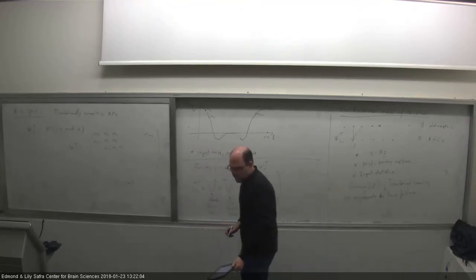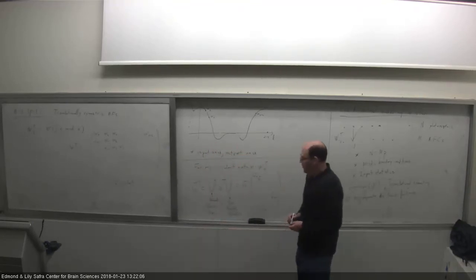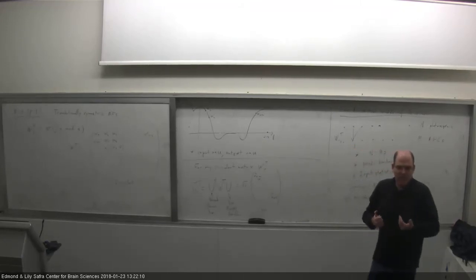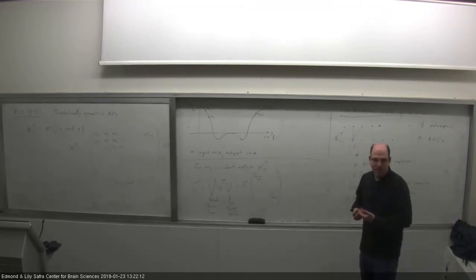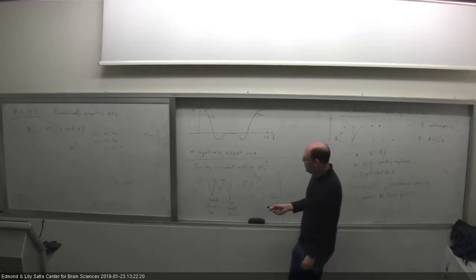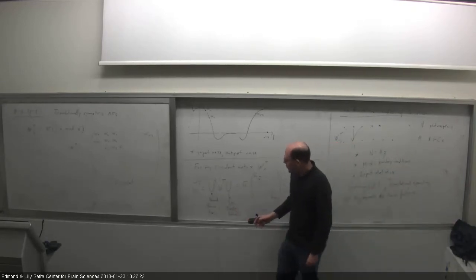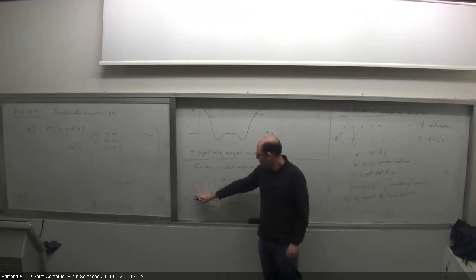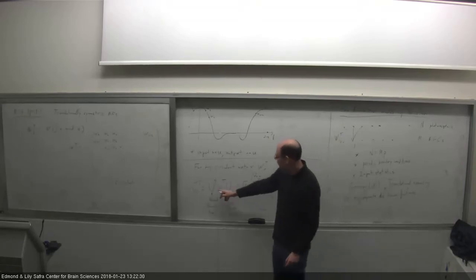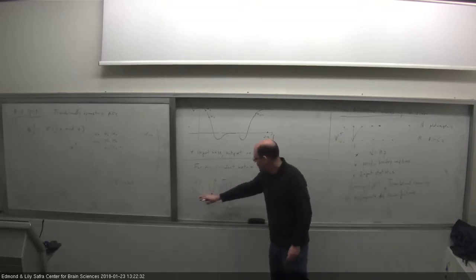Now, why do I say that that's true? This is exactly the statement that the basis in which a circulant matrix is diagonalized is the Fourier basis. One way to think about it is to invert this relationship.